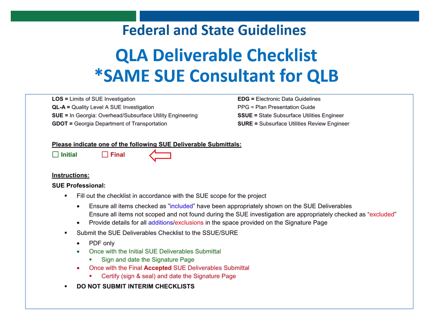You will submit an initial checklist for your initial deliverable, and you will submit a final checklist when the final package is requested. We do not ask for an intermediate deliverable checklist for sequential submittals like second or third submittals.